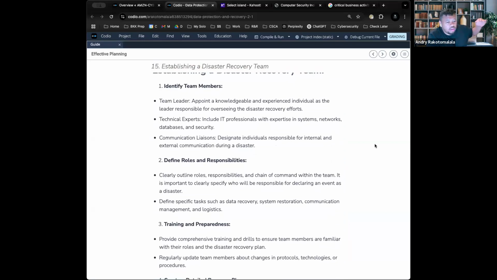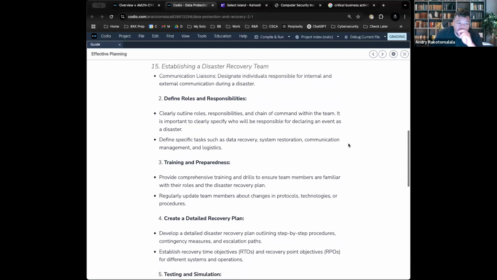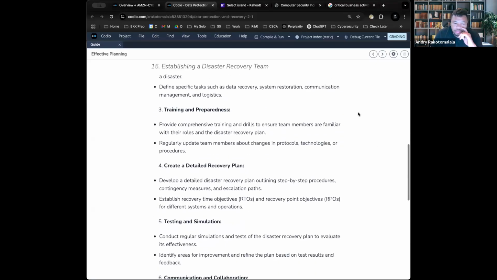And then you would have a technical expert who knows all of the different places where there is data to be saved, followed by a designated individual for communication, which in this case is mostly managers. After you have the team, you define who does what role, what the chain of command is, what they have to do when and why, and then you list out all the tasks, communication plans, and whatnot.